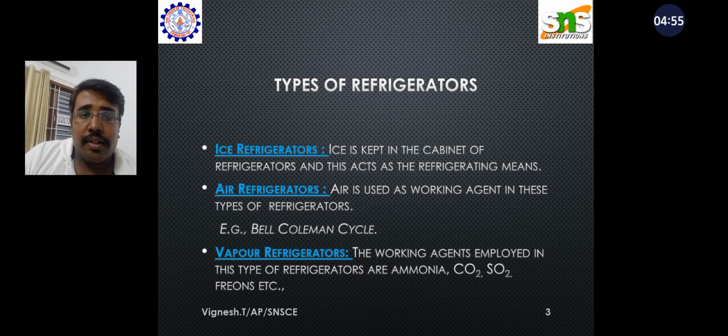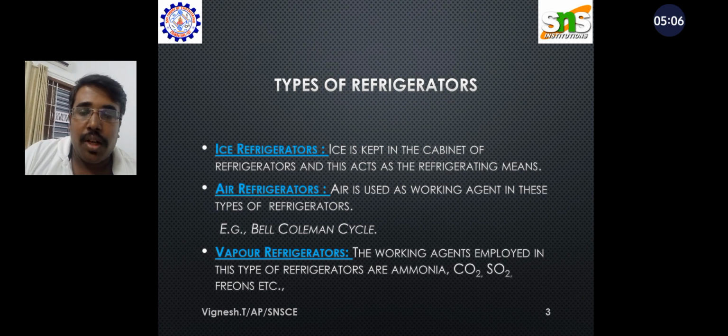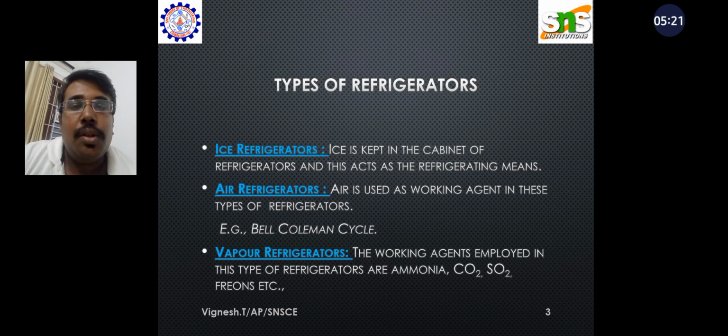These kinds of refrigerants nowadays work as the agent to keep the refrigeration process moving on, right? So this is a vapor refrigerator. In modern refrigerators we are using vapors like ammonia, freons, chlorofluorocarbons, and currently R232 as the refrigeration vapor.